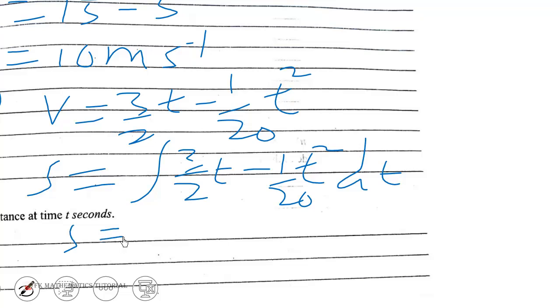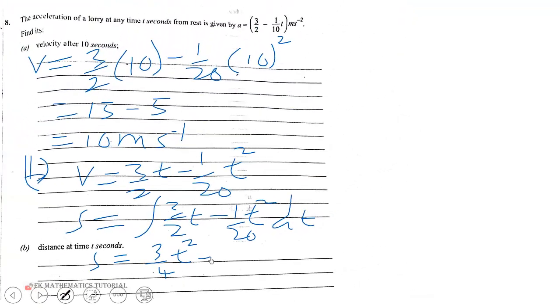When we integrate this, we get 3/4 t squared minus, when we integrate t squared we get t cubed divided by 3, so that gives us t cubed over 60, plus c.